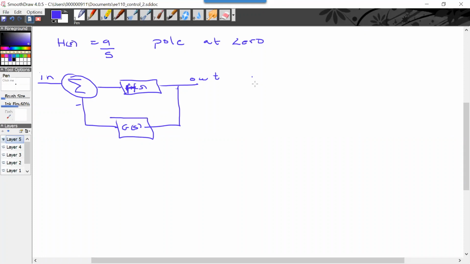From the signal flow diagram, we have H of s times our input signal minus G of s, H of s. Not everything is a voltage, so we'll just call it out.